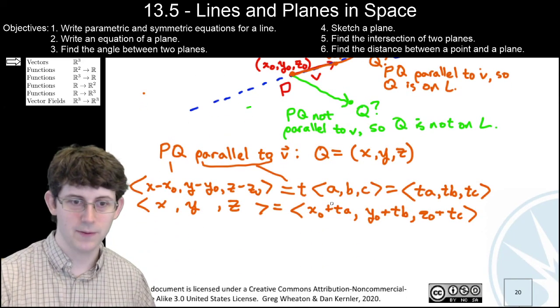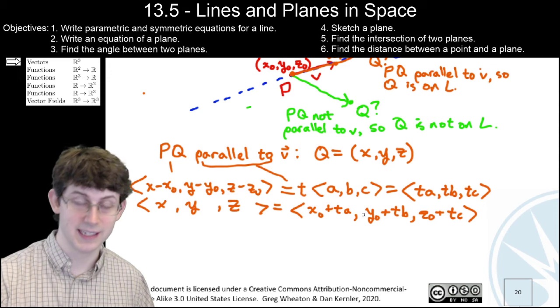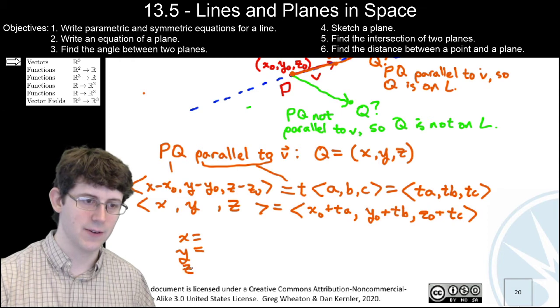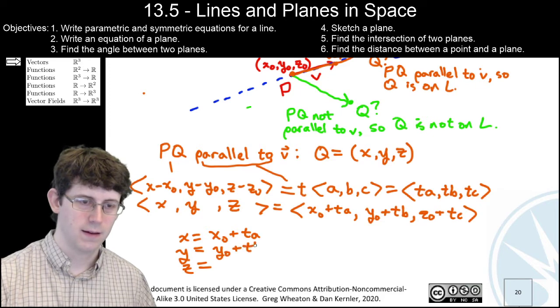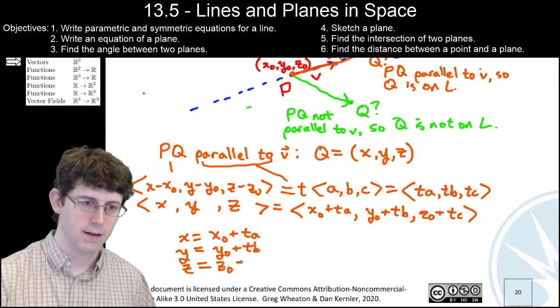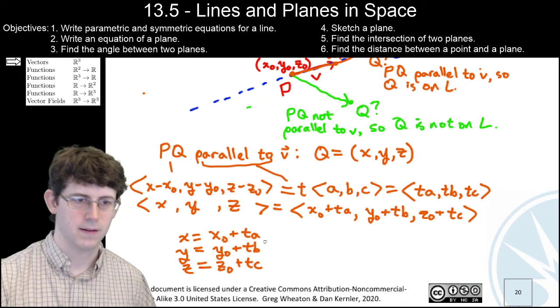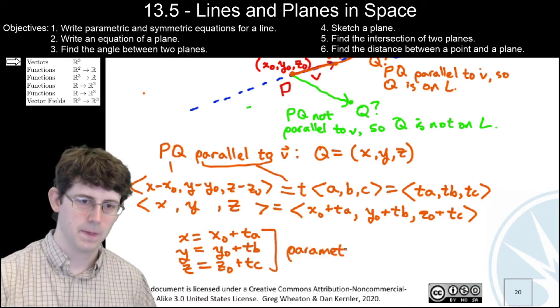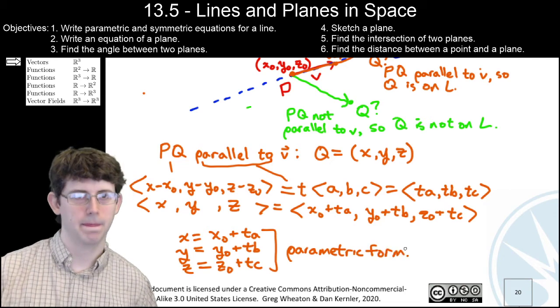So this is the way to write a line as a single vector equation. If you write it in parametric form, you separate these out and you say what x, y, and z are. So this is parametric form.